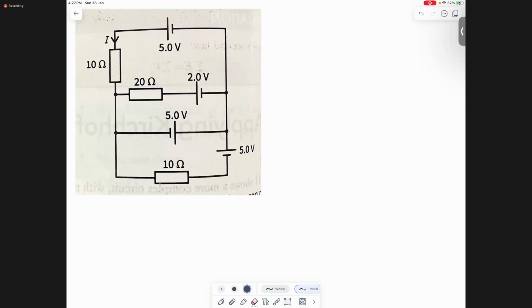Are you using 0.1? That's too low for this circuit. Let's not spend too long on this because it's a very easy question. It's just that which loop you have taken can make a big difference.